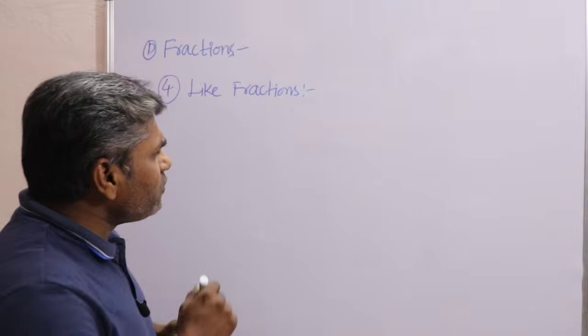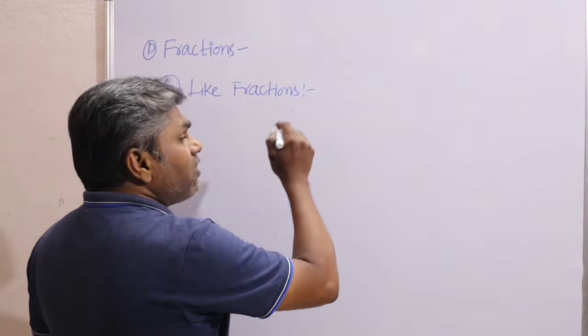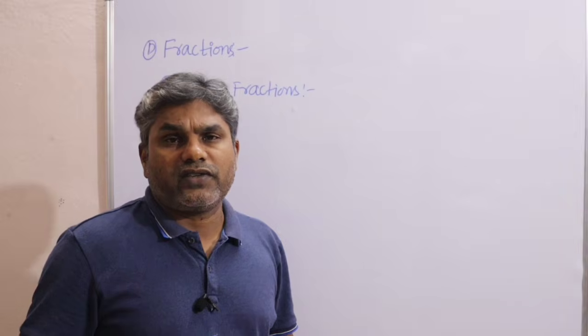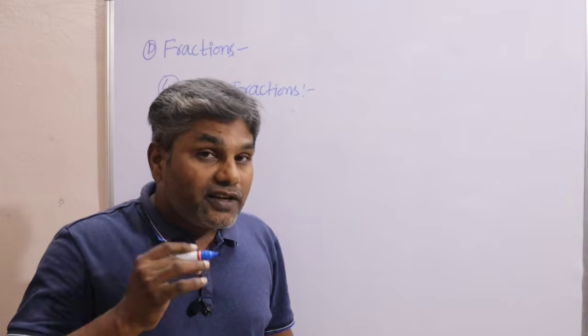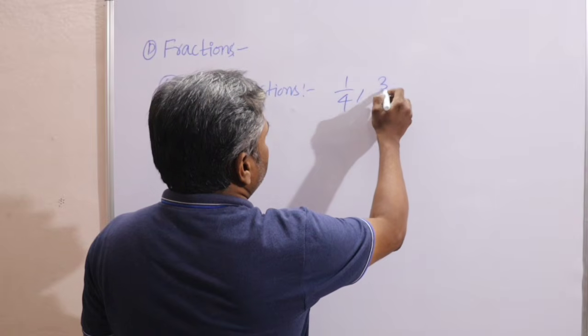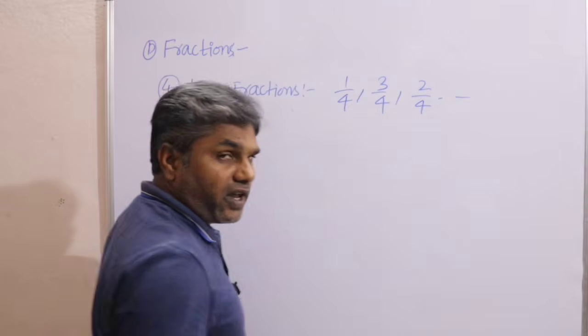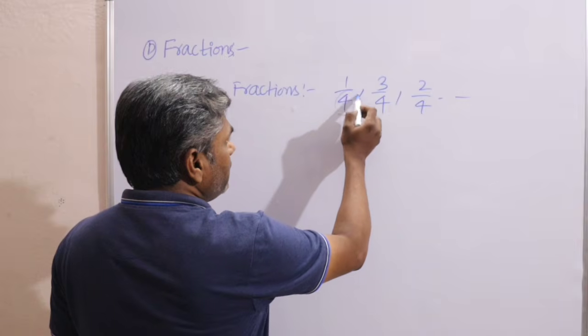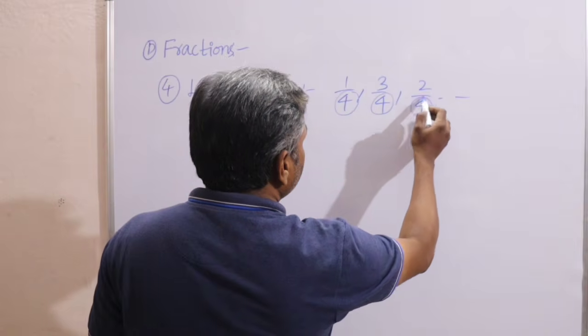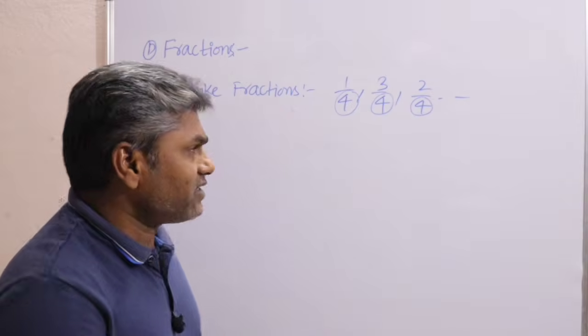Very simple. If you find any 2 or 3 or whatever number of fractions where the denominators, not numerators, are the same. Suppose I am taking 1 by 4, 3 by 4, 2 by 4. If you see, the denominators are the same in all these fractions, that's why you call them like fractions.